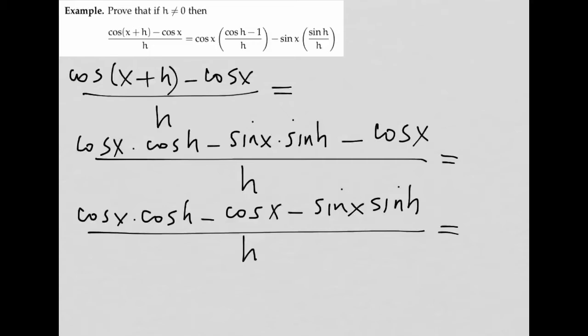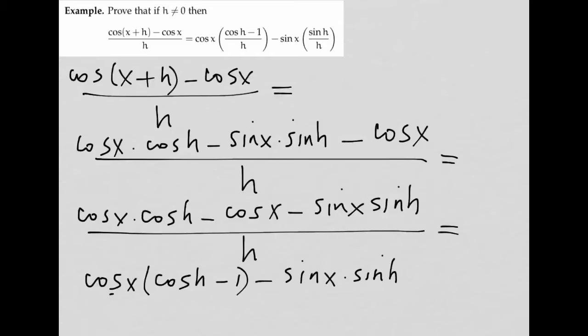Now looking at cosine x cosine h and cosine x, we can factor out a cosine x to get cosine x times cosine h minus 1, minus the last term sine x sine h, all divided by h.